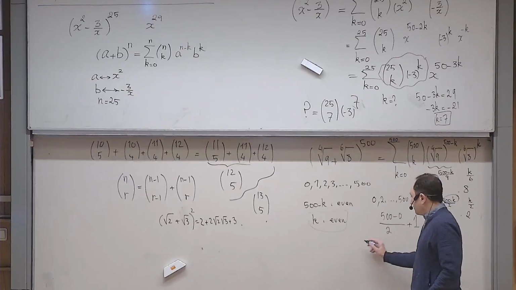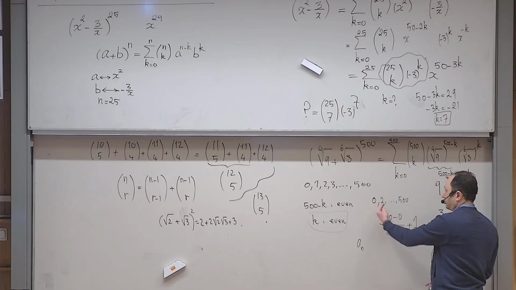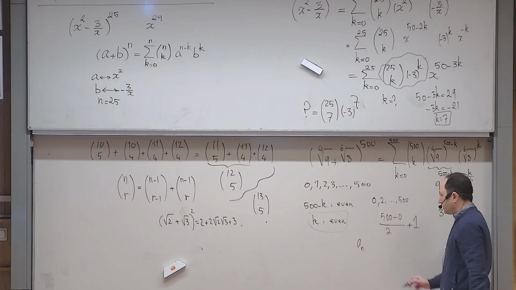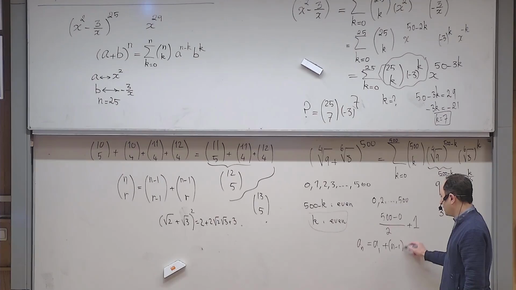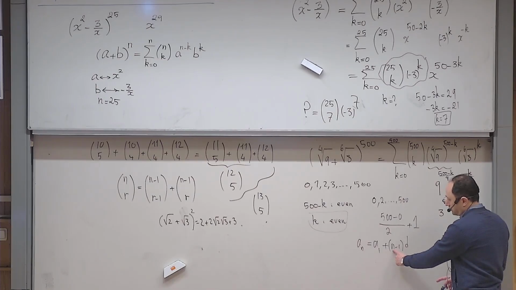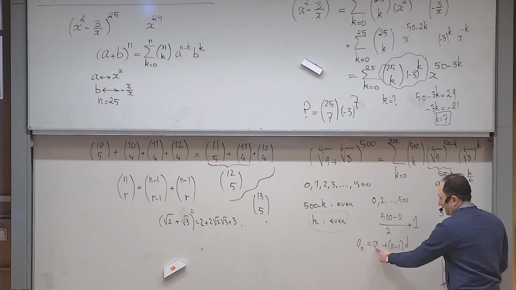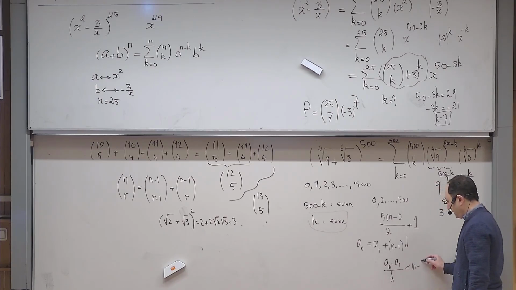If you have an arithmetic progression, and this is an arithmetic progression, every time you are adding 2 units. So this is the formula: a_n equals a_1 plus (n minus 1) times the common difference. If I want to know the number of terms, I take a_n minus a_1 and divide by d, but you see it is not n, it is n minus 1.